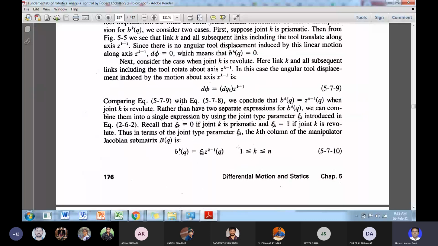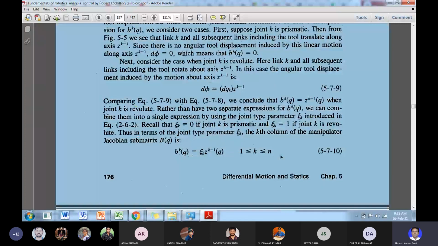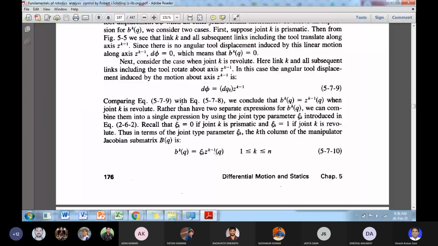N columns are there, means n joints are there. So J will be defined by, you take J in place of this. So bJ equal to Xi J Z J minus 1. I am illustrating in those terms.